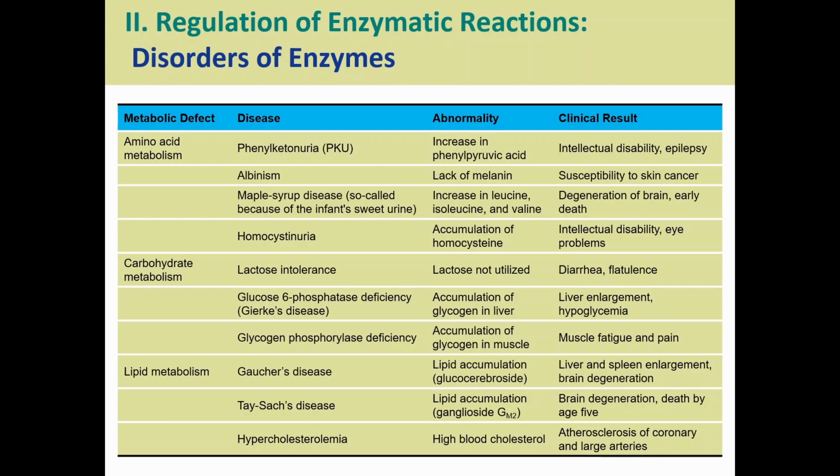So one is phenylketonuria, or PKU, for short. This is where we cannot utilize or break down a particular amino acid, phenylalanine, and so we get this increase in phenylpyruvic acid.